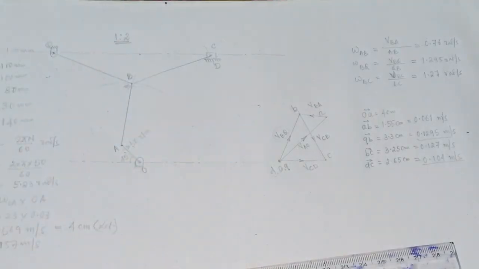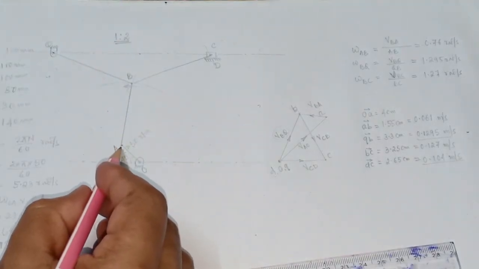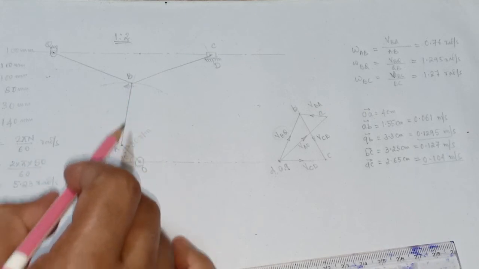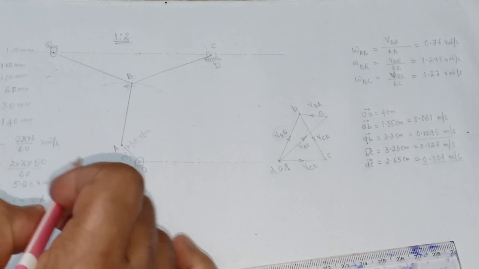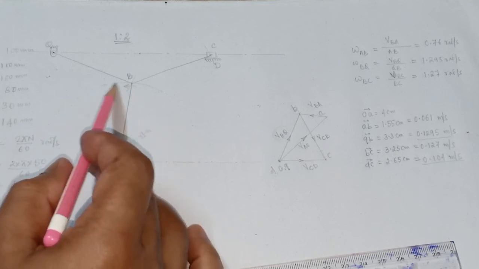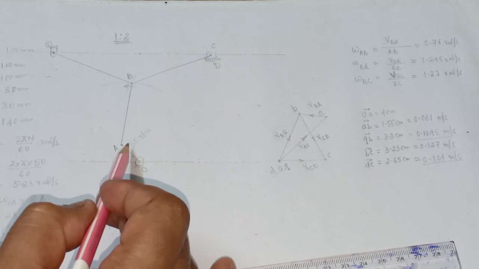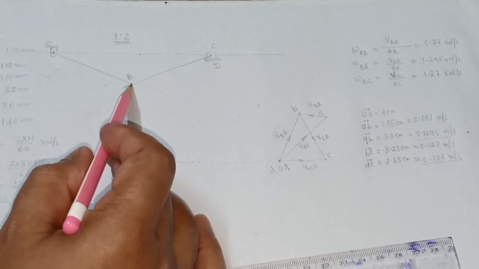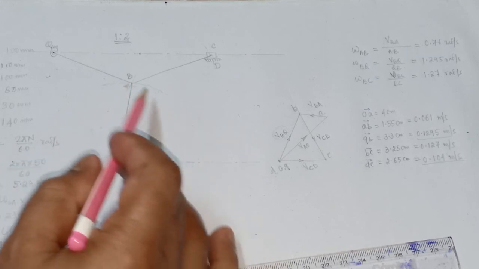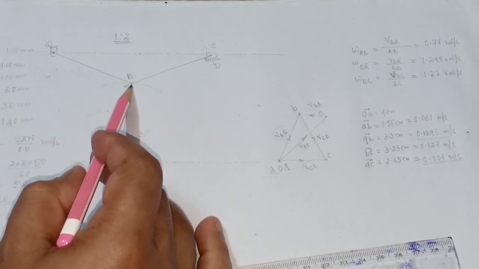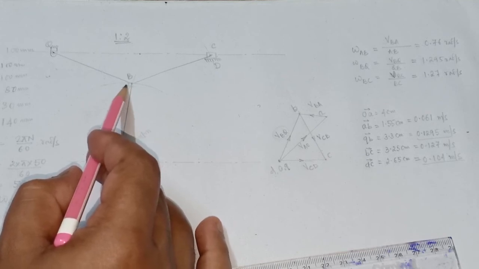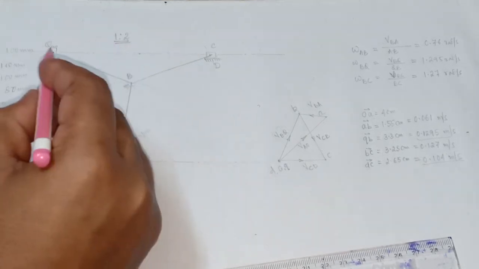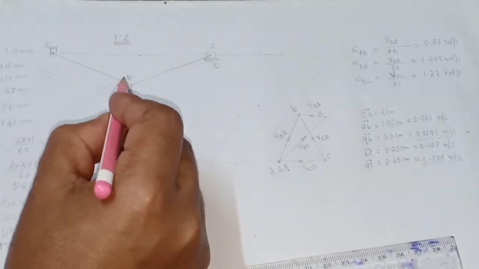Whenever we look at point B from point A, it will be rotating in the counterclockwise direction. If we consider A as center and AB as radius and draw a circle, the rotation is counterclockwise. In the same way for QB, draw a perpendicular line on QB.